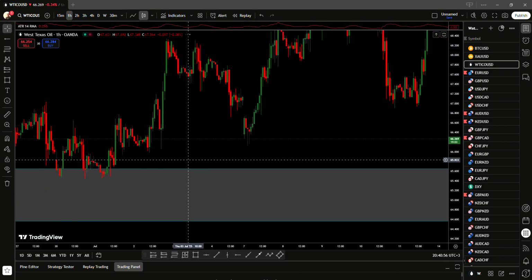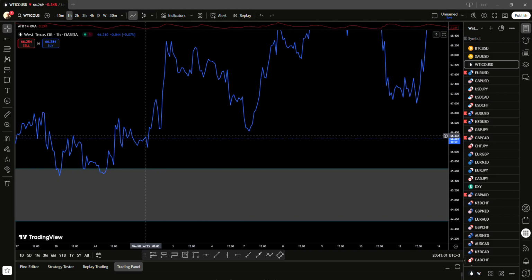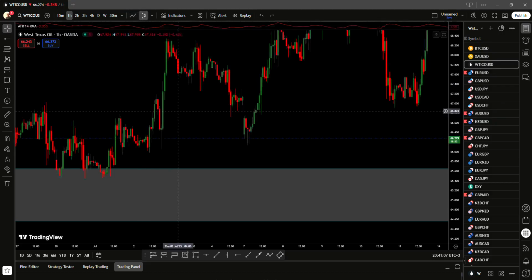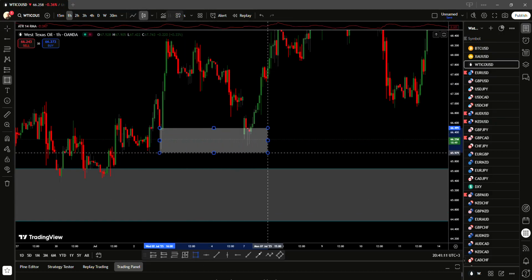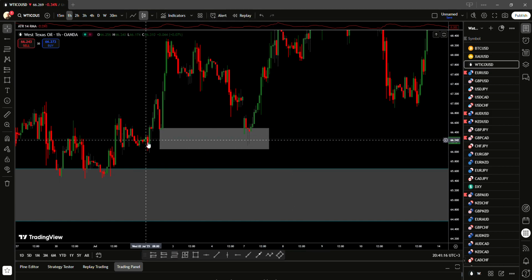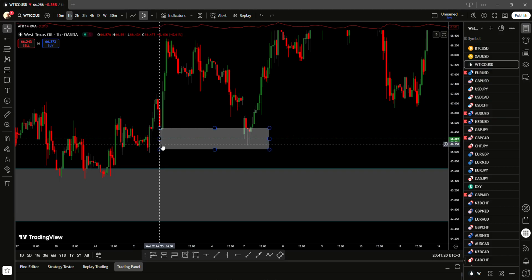So we have another one here. Go to the line chart. This is support, this is resistance. Price comes back, breaks it, uses it as support, and goes up. Good. So we mark that zone. The zone is here. Okay, so this is resistance. Price comes back, goes up, and uses it as support, and then goes up.